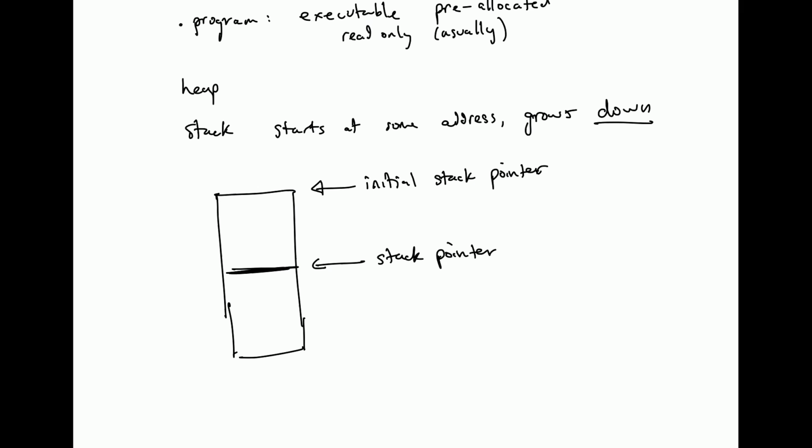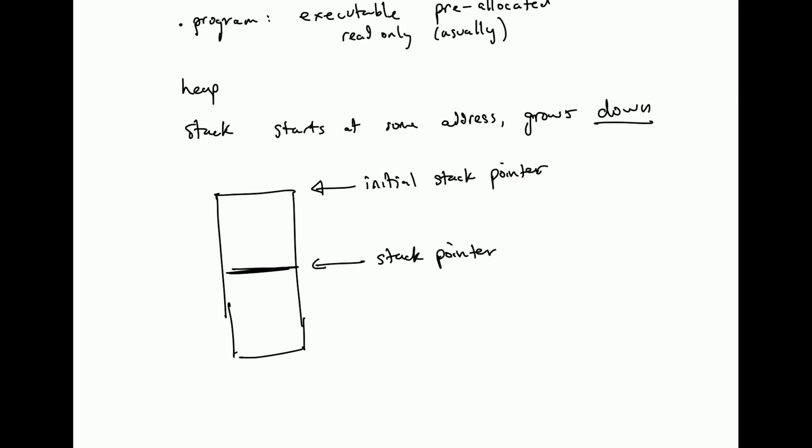Okay, so this SP, every time we've stored X29 and X30, the SP that I've written there actually stands for stack pointer. Okay, and so if I want to put data onto the stack, then I need to specify that I want to put data onto the stack, but I also need to do something with the stack pointer, okay?